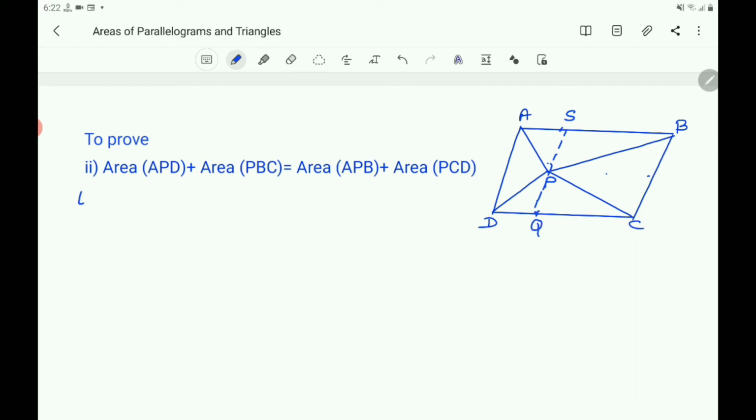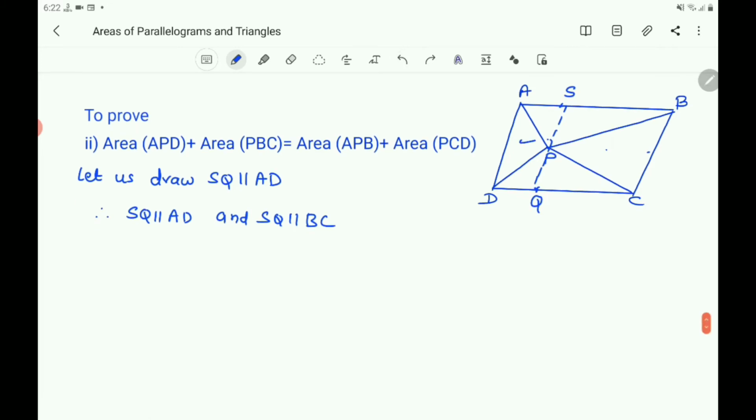Let us draw SQ parallel to AD. Therefore, you can say that SQ parallel to AD and SQ is also parallel to BC, because it is given that AD is parallel to BC as ABCD is a parallelogram.